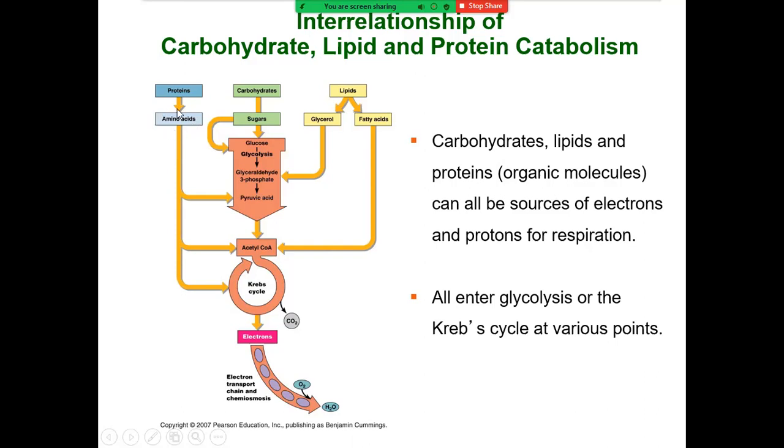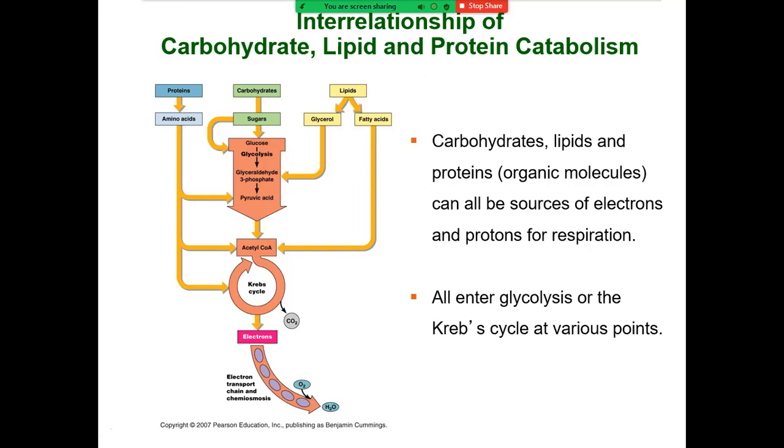The amino group has to be pulled off, and then some of the R groups will be converted into pyruvic acid, and really that's the end of glycolysis.